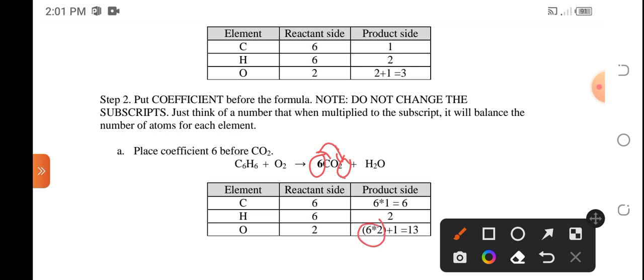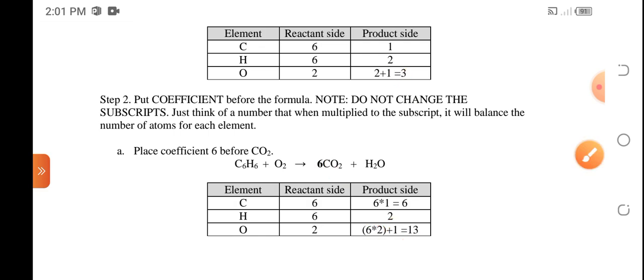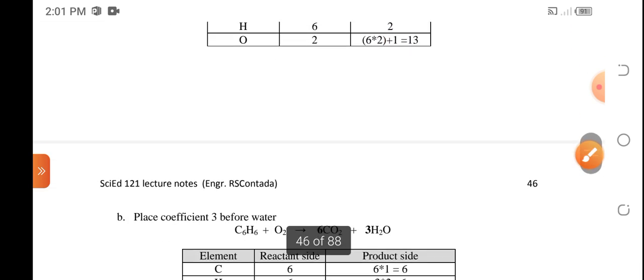So for this case, with the balanced carbon atom, oxygen now, from being originally 3, with that 6, so 6 times 2 is 12 plus 1, so this time it's 13. So still, hindi pa rin siya balance. Pero okay lang yan, mag-move tayo sa next element.